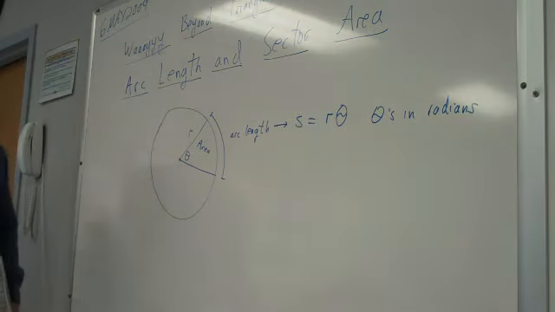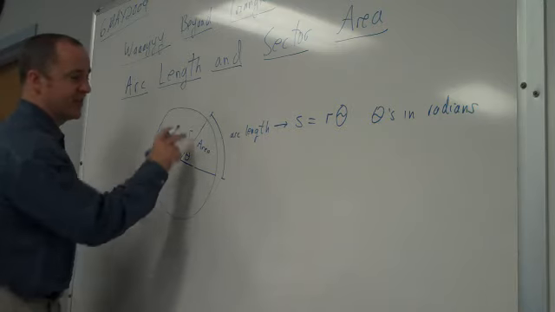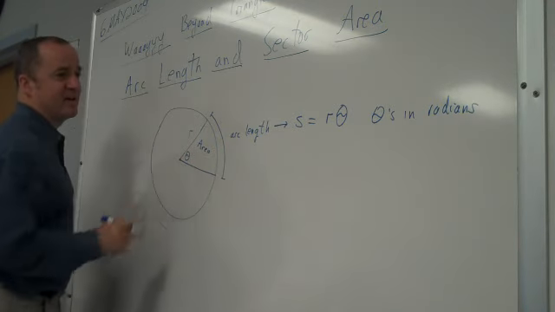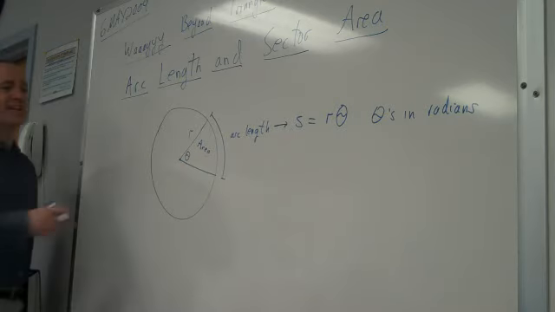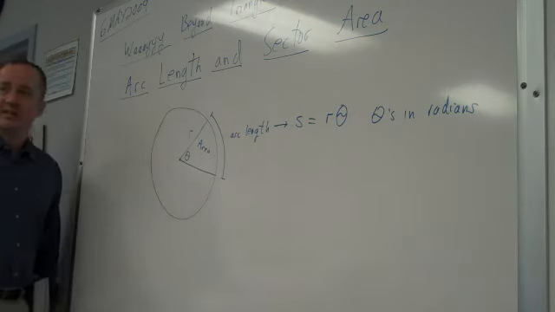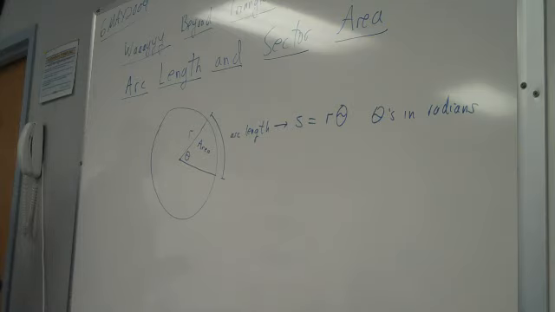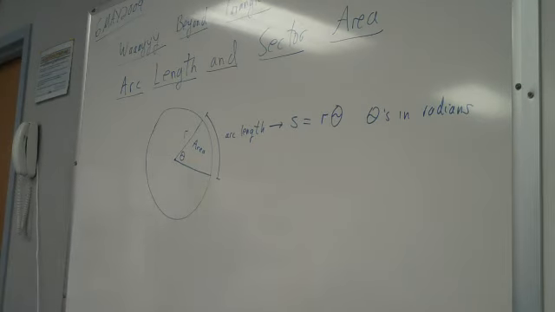All you have to do to find this arc length is take the length of the radius and multiply it by theta. Because what you're doing is representing this arc length as a proportion of the circumference. And since the formula for circumference has 2 pi in it, that only works if you are actually in radians.